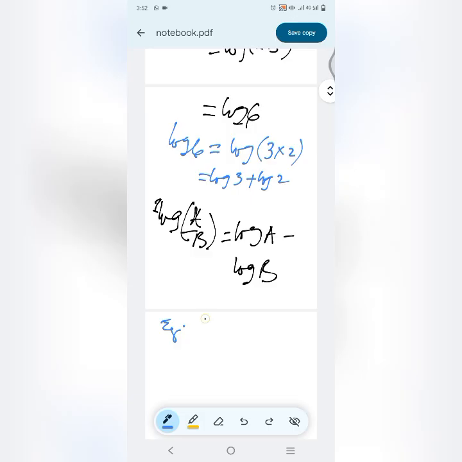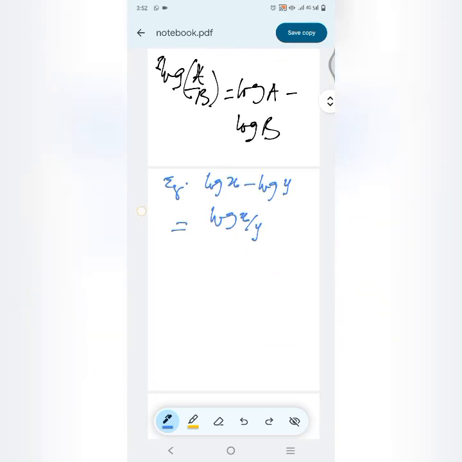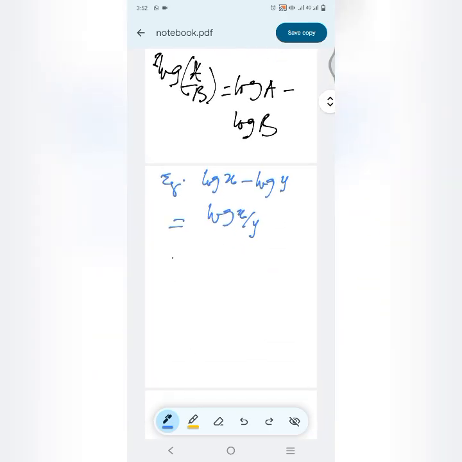If I have log x minus log y to any base, this is the same thing as log x divided by y. Let's say example 2: log to base 10 of k minus log to base 10 of 2. This is going to give us log to base 10 of k divided by 2, and you will be correct.